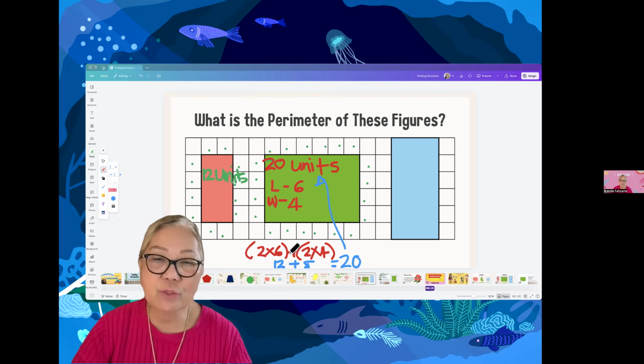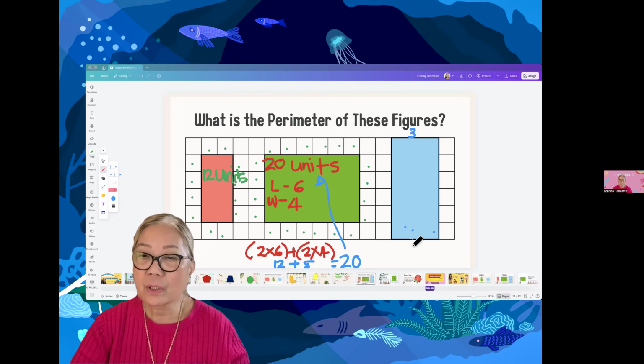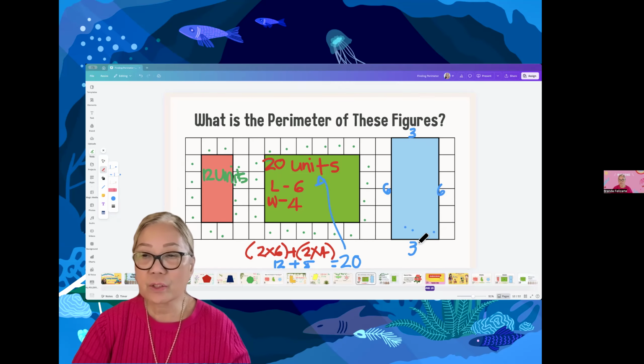All right, let us use the formula again on this one. So there is 1, 2, 3. So this is 3, and this is 3. 1, 2, 3, 4, 5, 6. So this is 6, and this is 6. Now let us use the formula 2L, 2W.